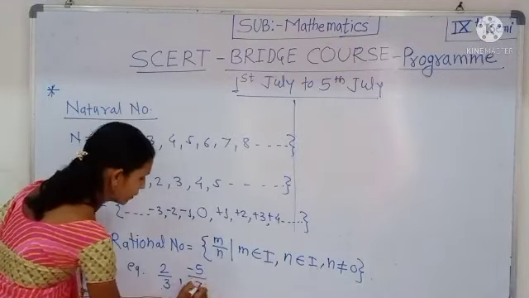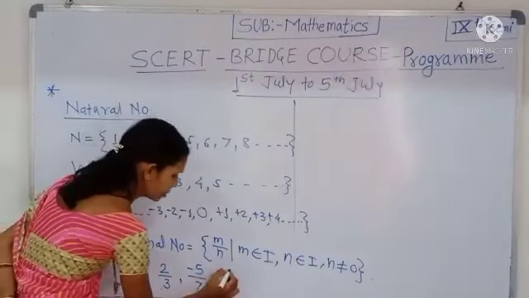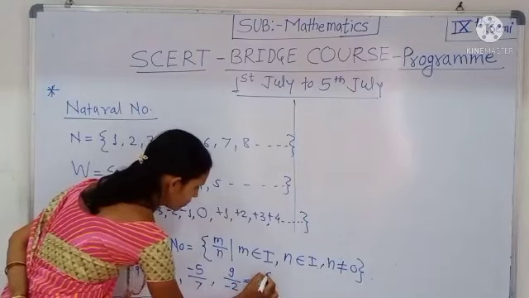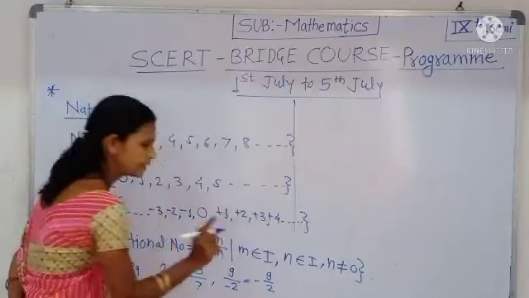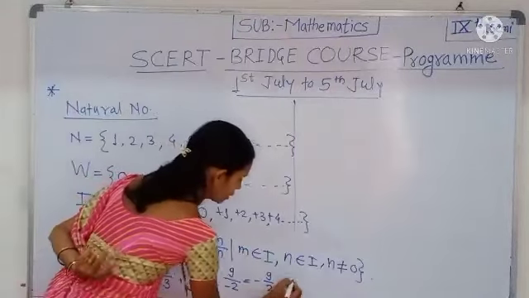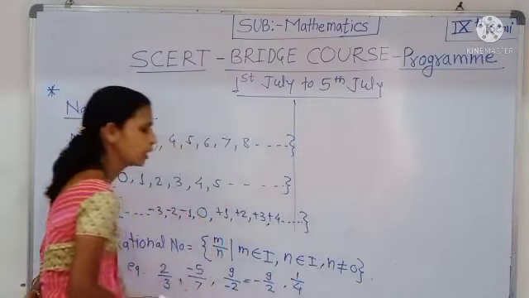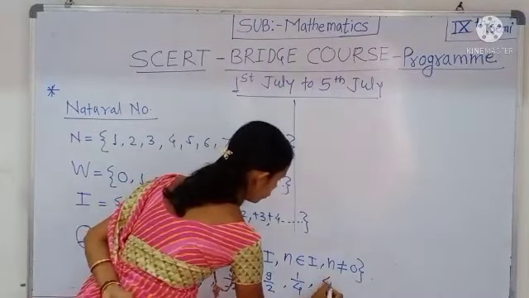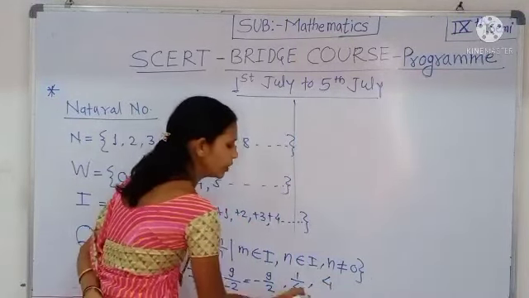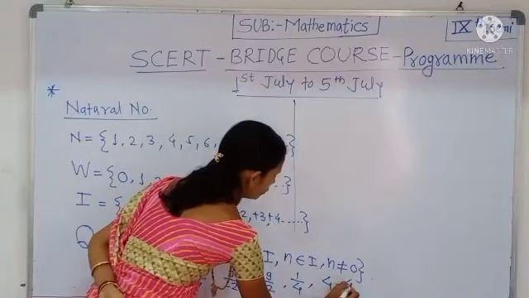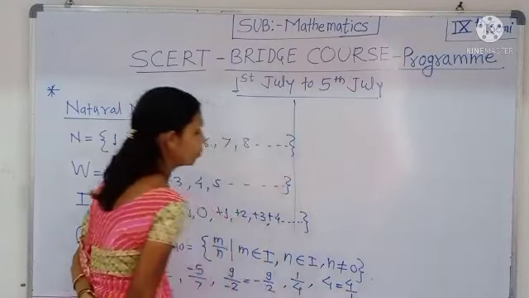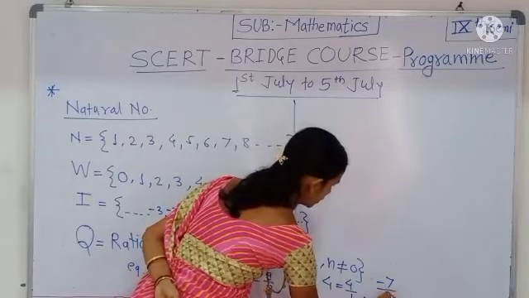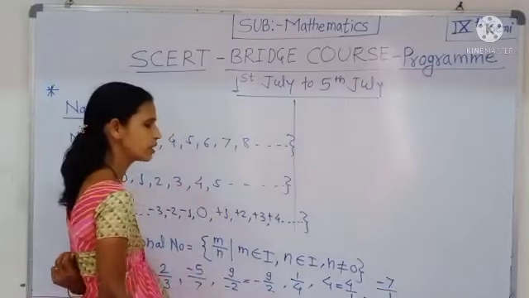Minus 5 upon 7 is a rational number. 9 upon minus 2, which can be written as minus 9 upon 2, is also a rational number. 1 upon 4 is a rational number, and 4 can be written in the form of m upon n, that is 4 upon 1, as well as minus 7 can be written as minus 7 upon 1.